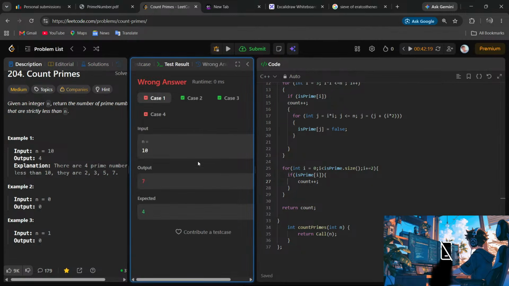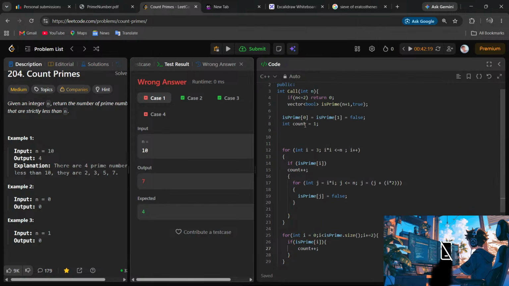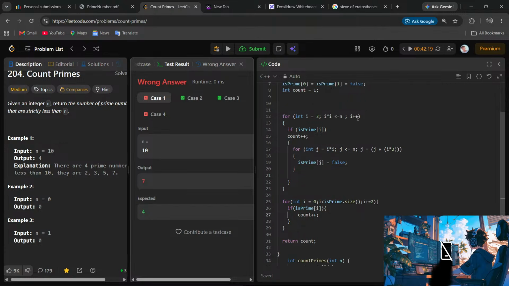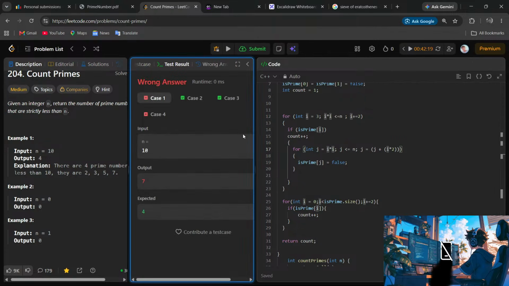Now there is a little bit of confusion: I will get 7, I don't know how. But if I see, okay, I will increase the count. I have to take the jump of plus 2. I know I will get 7, right? Will I have to multiply j with the 2 or i with the 2?